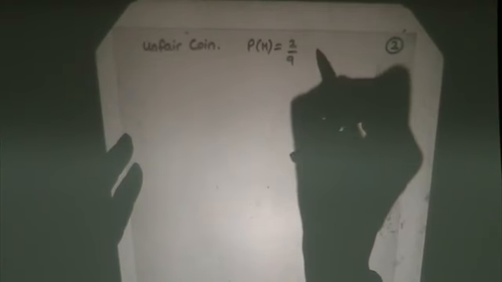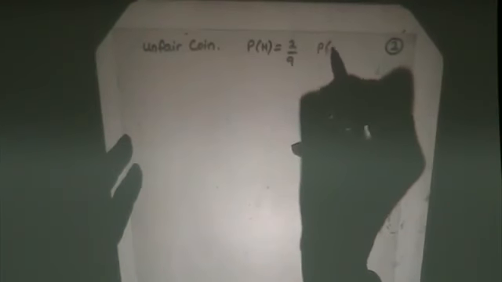I have an unfair coin where the probability of heads is 2/9 and the probability of tails is 7/9. So it's unfair, meaning the probability of heads is not equal to the probability of tails.